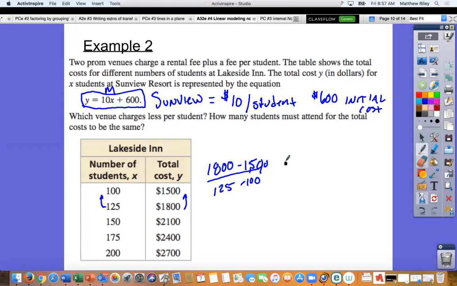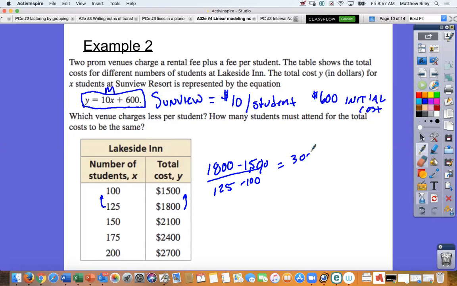So my slope is going to be 300 over 25. So my slope is 12. Again, what does that mean? That is my cost per student. So Lakeside is going to be $12 per student.